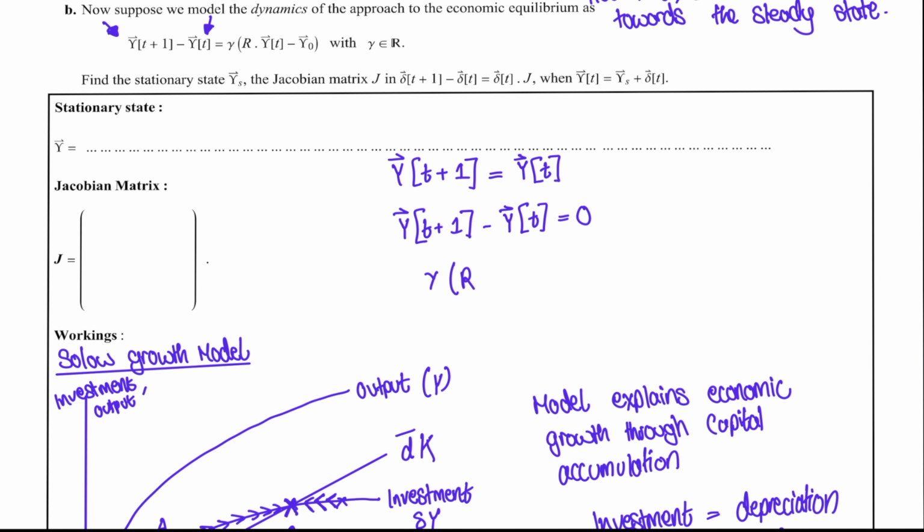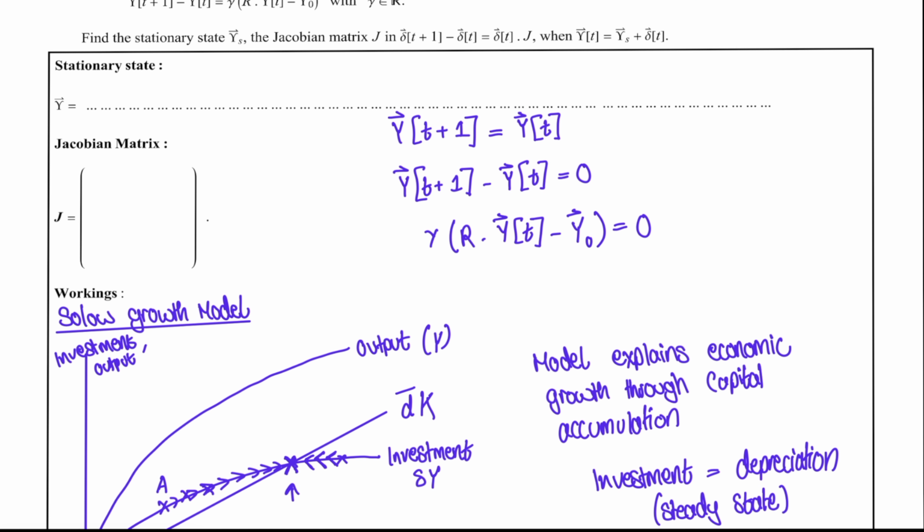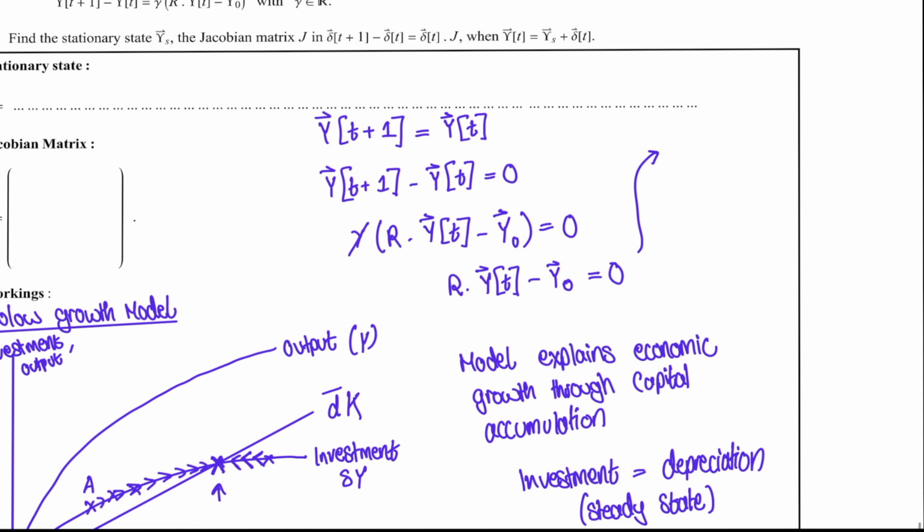So gamma brackets r dot yt minus y0 is equal to 0. Now, if we divide by gamma, we get r multiplied by yt minus y0 is equal to 0. Moving y0 to the other side, we have r yt is equal to y0.